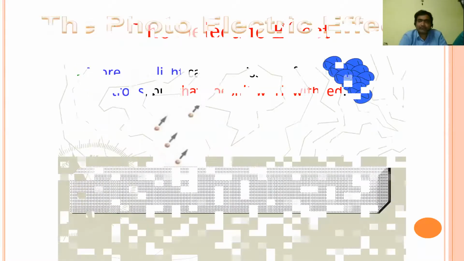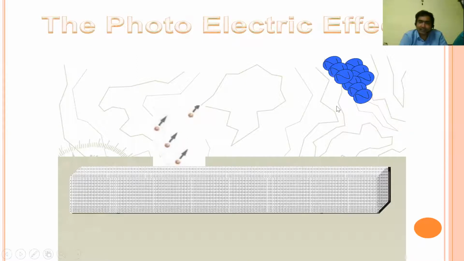Here you can see when a photon falls on this metal surface, it will give some amount of energy to the electron. This electron utilizes this energy from the photon in two ways. First of all, it will get out from the metal surface.